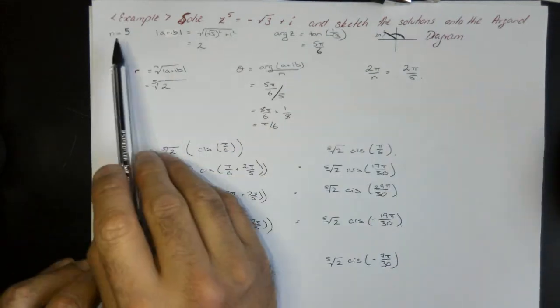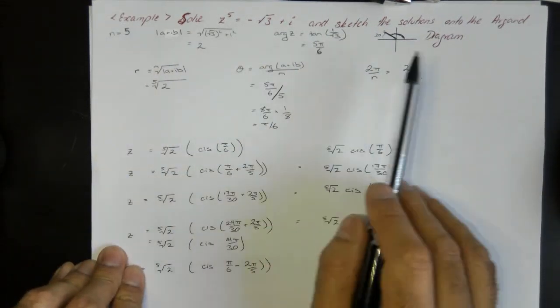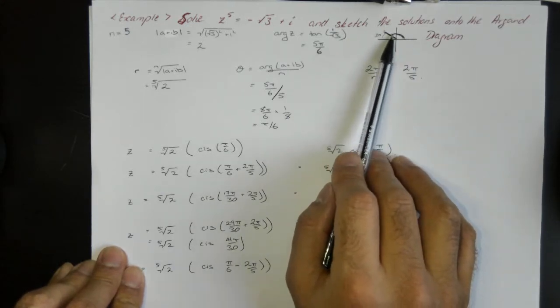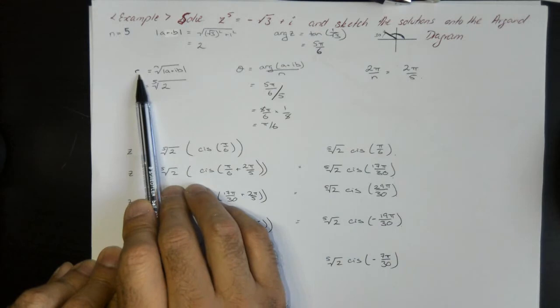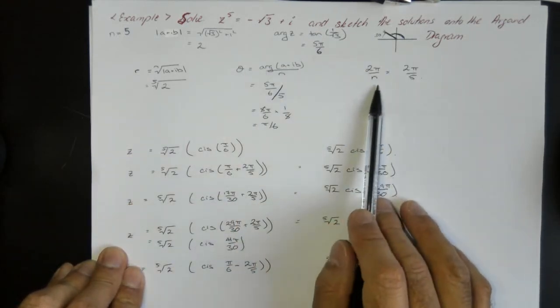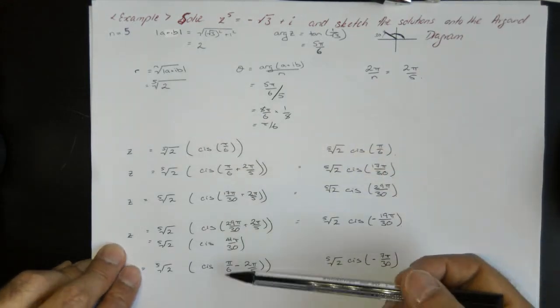So once again, we're going to figure out your n, your modulus, and your argument. Always try to have a sketch so that you can figure out which is your principal argument. Then calculate your new r, your new theta, and then obviously the change, so 2 pi on n. Calculate your roots.